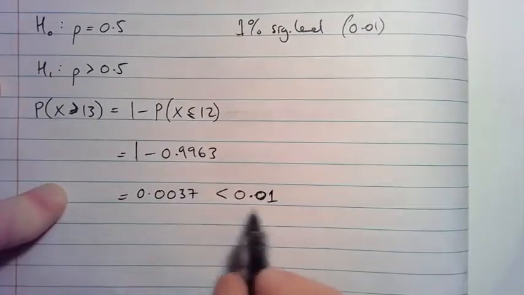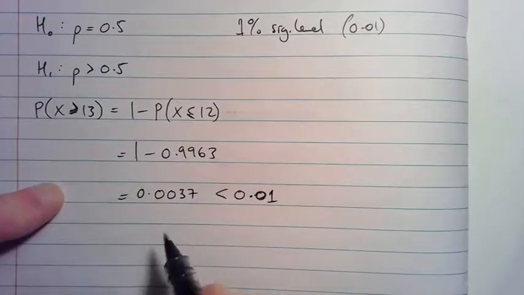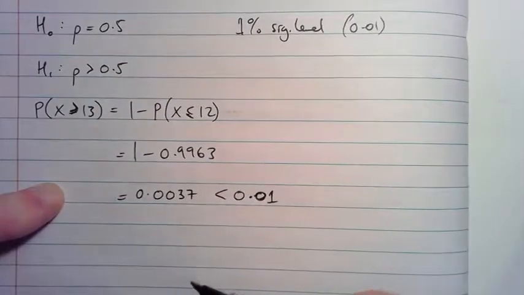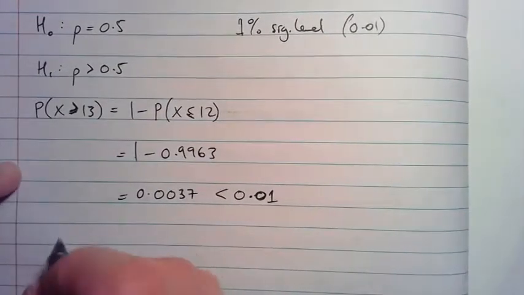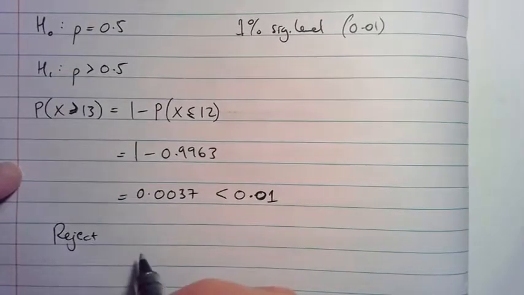Okay, and because it's less than 0.01, it's so unlikely to have happened by random chance that we can say, based on the significance level, it didn't happen by random chance, and therefore we think there was something fundamentally different.